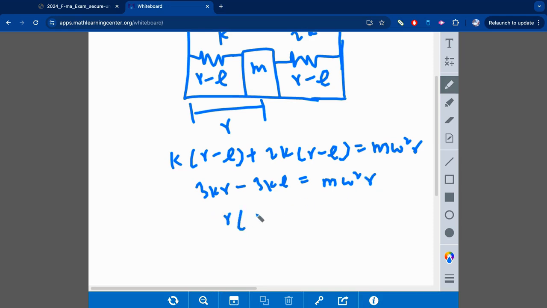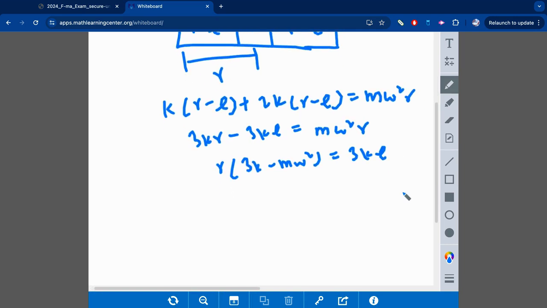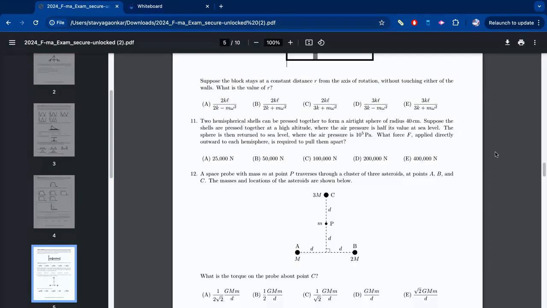And so r times (3k minus m w squared) equals 3kL. And so r is equal to 3kL over (3k minus m w squared), which gives us D.